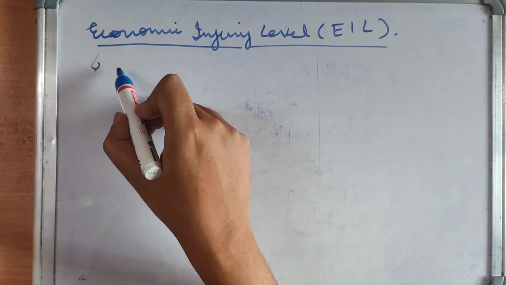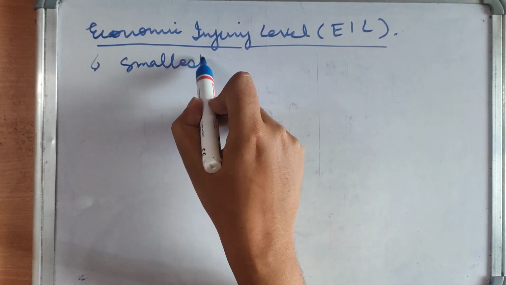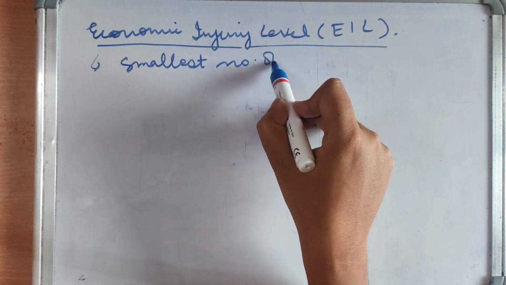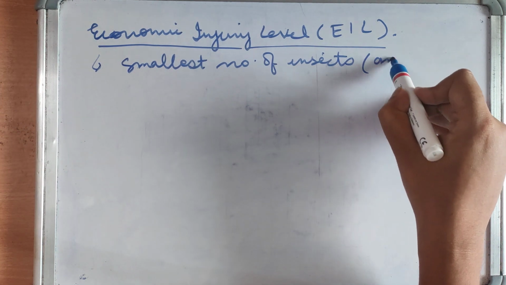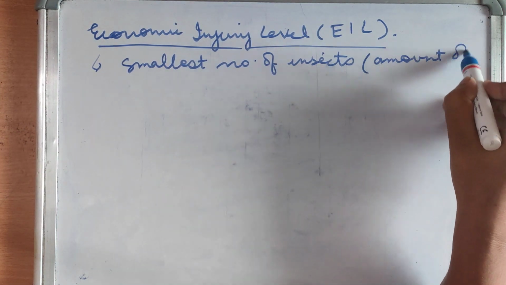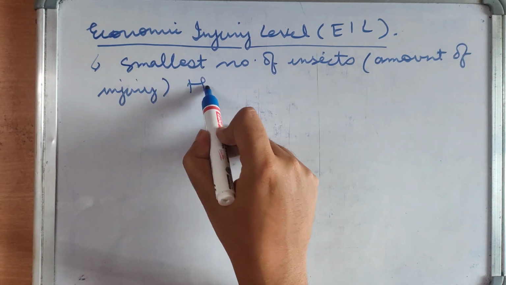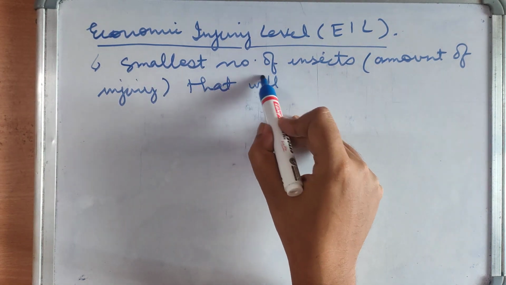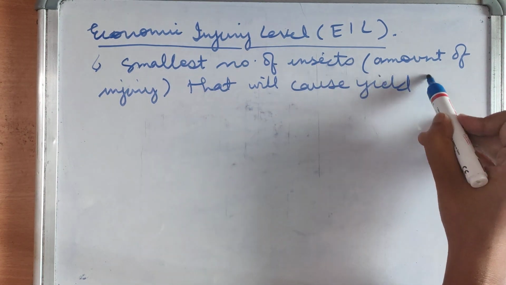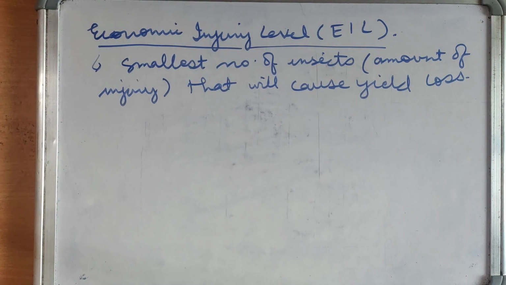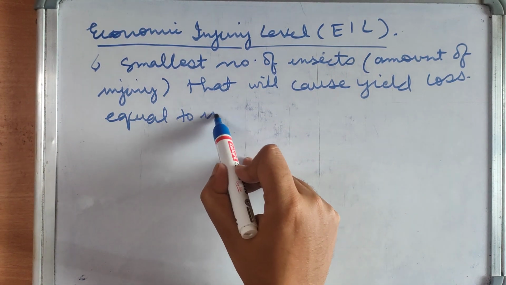It is the smallest number of insects, or you can say amount of injury, that will cause yield loss equal to insect management cost.